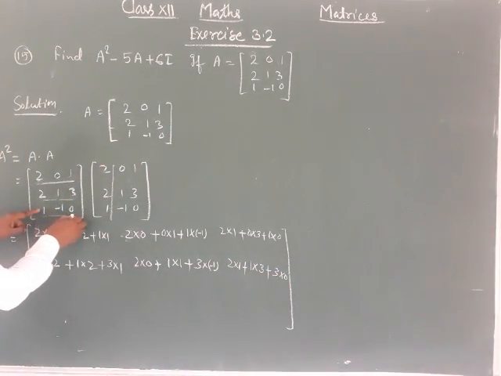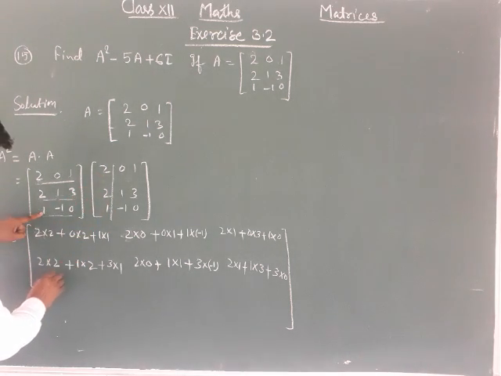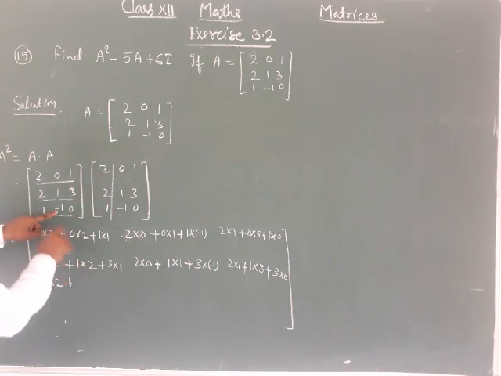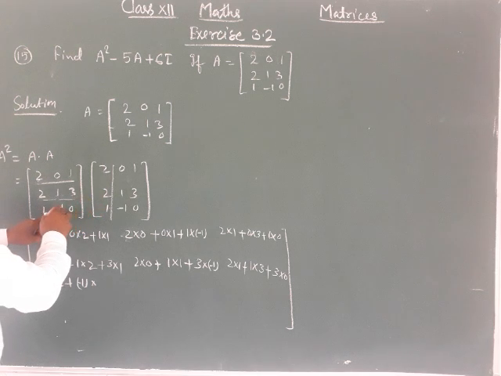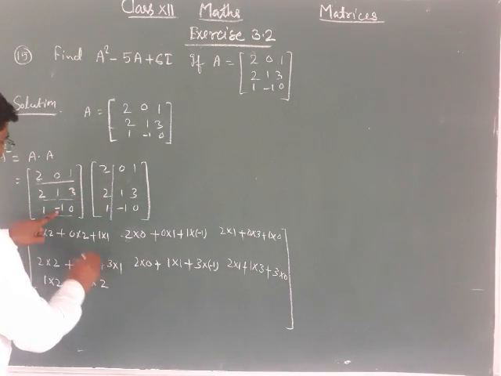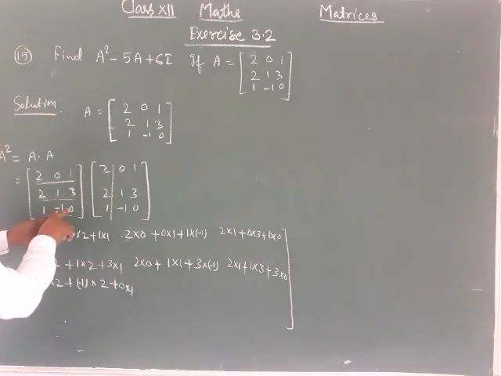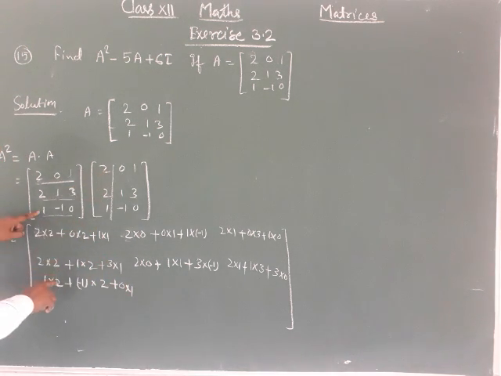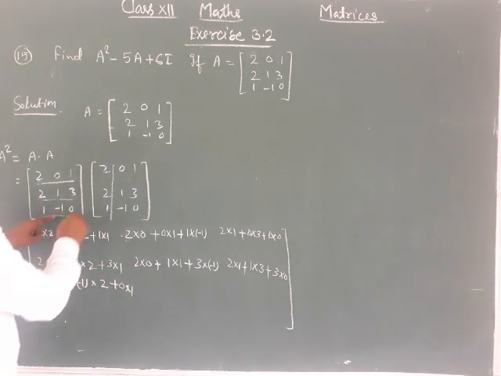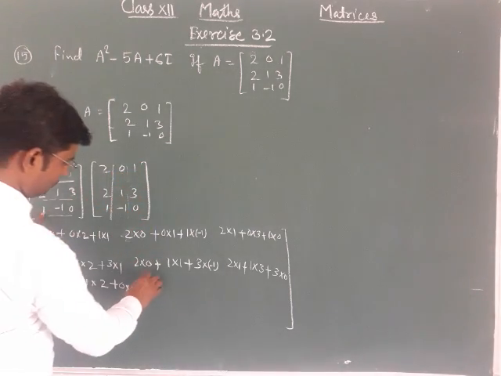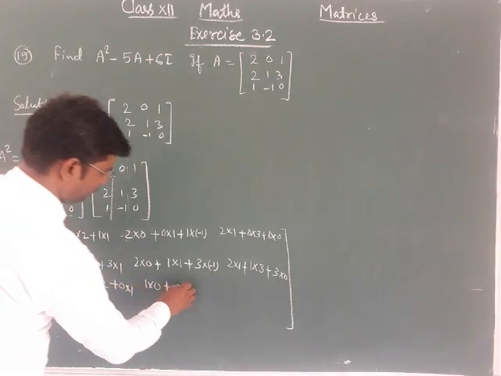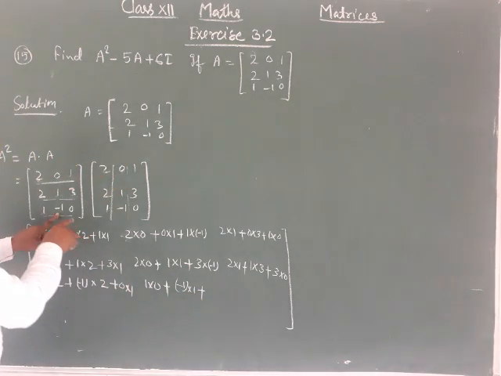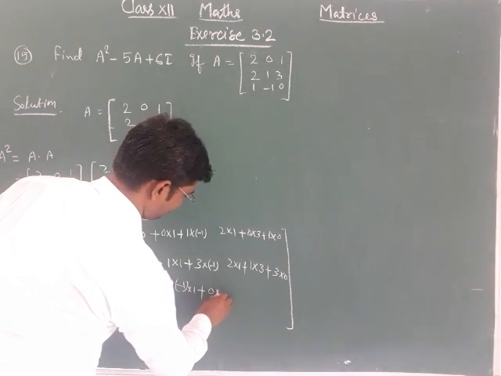Taking the third row and first column: 1 into 2, plus minus 1 into 2, plus 0 into 1. Also taking the second column: 1 into 0, plus minus 1 into 1, plus 0 into minus 1.